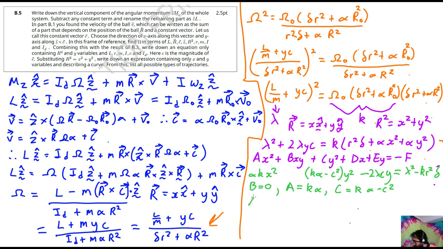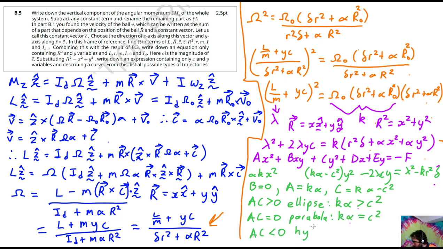If we have AC greater than 0, then we'll get an ellipse, but this is strictly K alpha greater than C squared. If we have AC equal to 0, then we get a parabola, and this is going to be K alpha equals C squared. And then if we have AC smaller than 0, we get a hyperbola, which means that K alpha is smaller than C squared. Alright, and that's part B done. Now we just got to do part C.